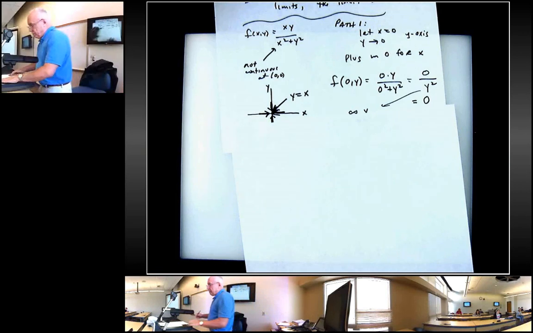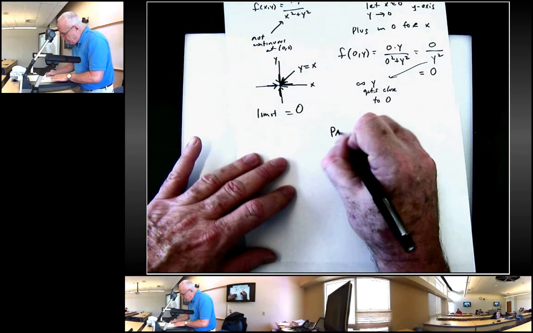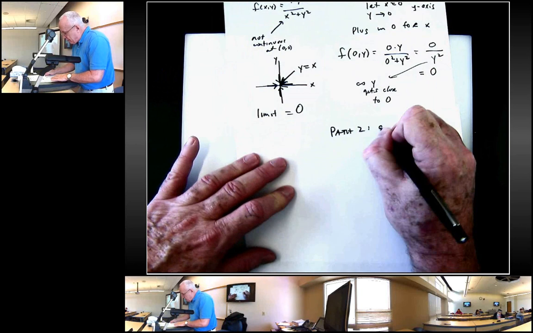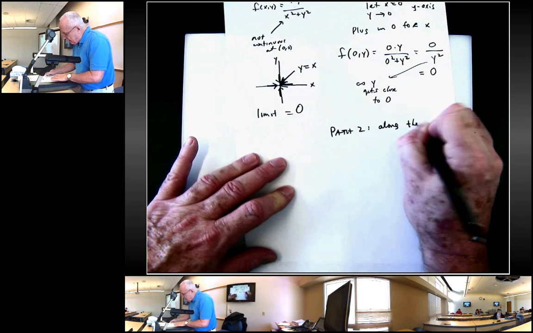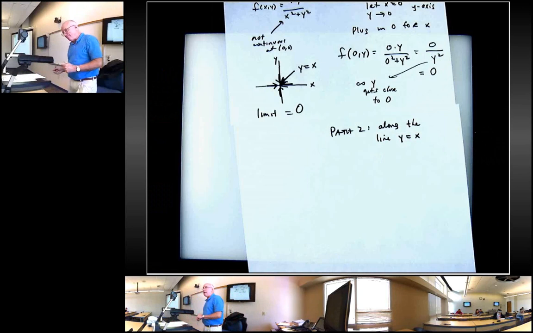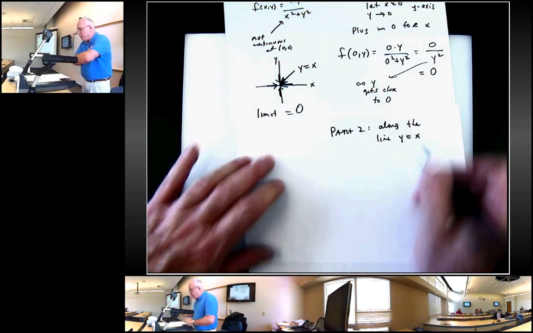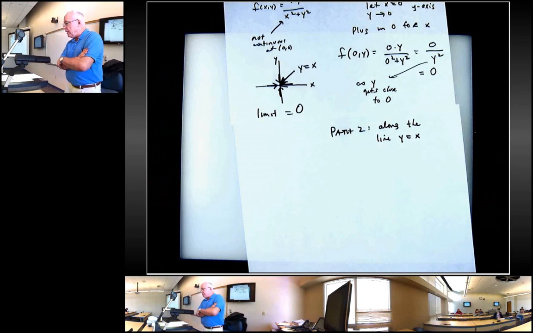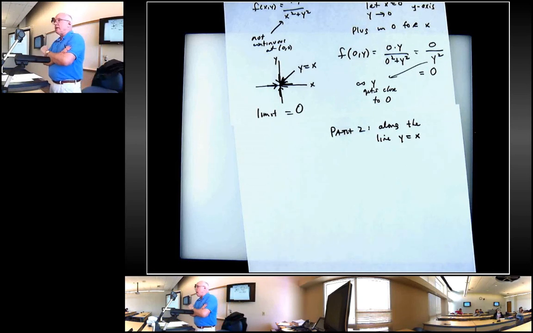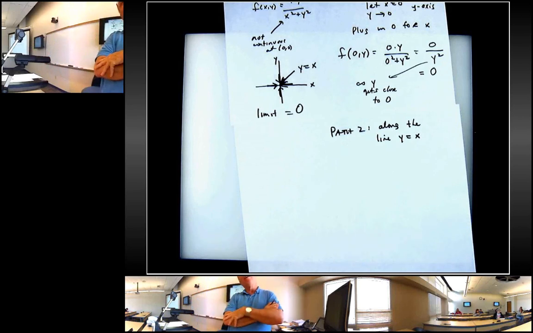Okay. So, path 2, along the line y equaling x. That's a straight line. So what we can do here is basically substitute x for y or y for x. It doesn't matter. Is it going to be 0 for x?